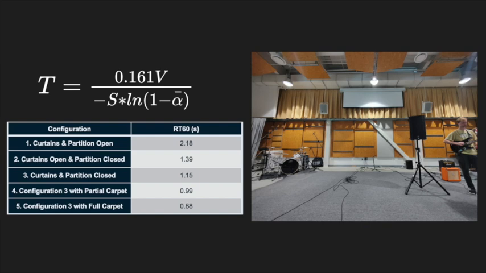Applying this equation resulted in the measurements shown below, where you can see there's a wide range of reverberation time, and configuration 4, configuration 3 with partial carpet, is as close to 1 second as we can probably get, which is ideal for our condition because we still want enough reverberation because the room is large enough, but we wanted speech intelligibility to be satisfactory for the space.